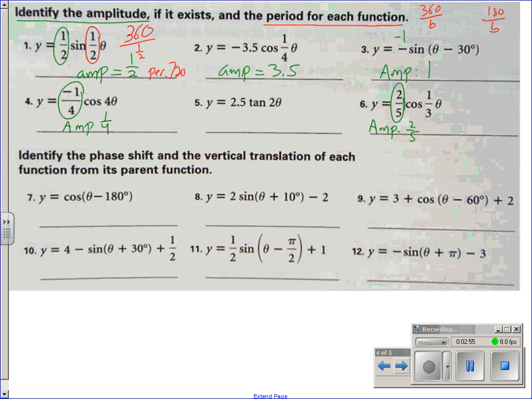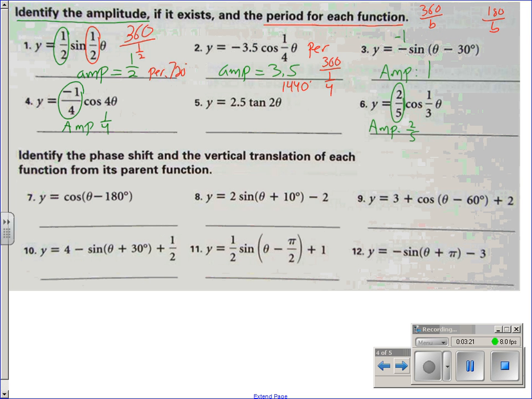That's 720 degrees. Dividing by half is the same thing as multiplying by the reciprocal. For number 2, it's a cosine function, so 360 divided by 1/4, 4 times 360, 1440. Double check that number, whatever 360 times 4 is.